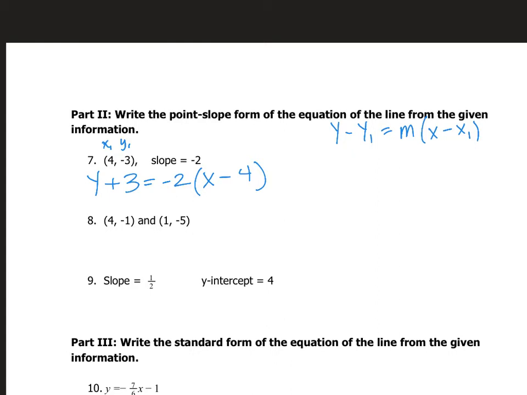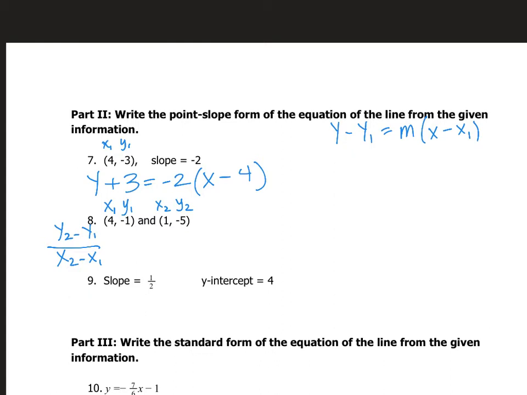Okay, for this next one, we need to find our slope before we can plug it into the point slope form. Okay, so you're going to find the difference of y over the difference in x, and you can label yours if you want. Maybe you're getting the hang of this. Maybe you feel like you don't have to label them.